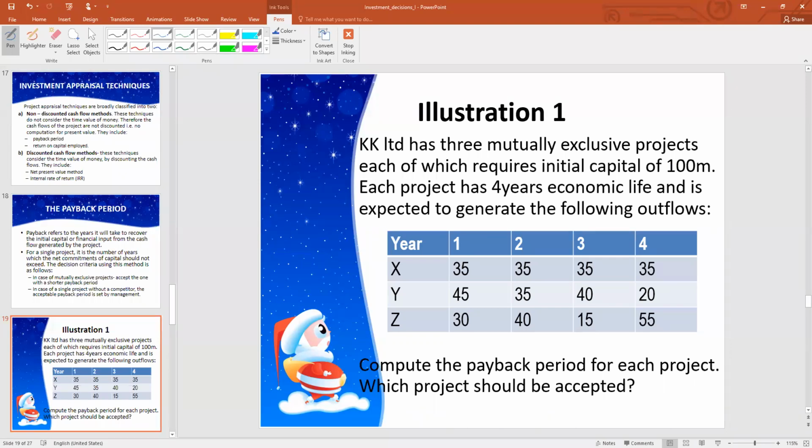The initial capital is 100 million, and it can be in shillings. So let's just use shillings, for example. Okay, these are not cash outflows, these are cash inflows. And all of them are in shillings, but in millions.